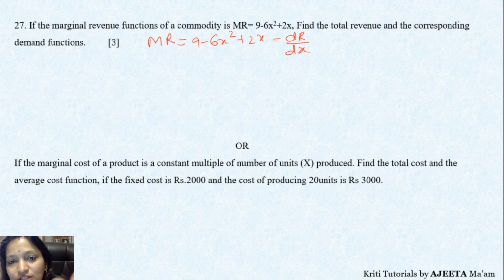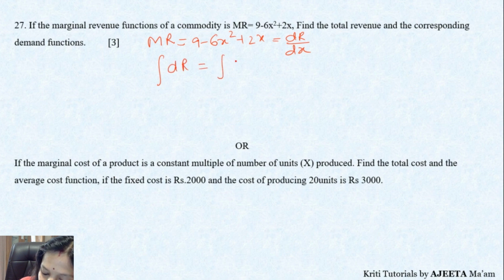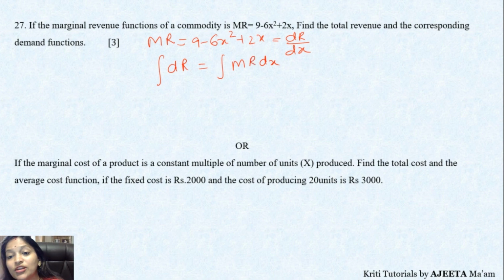So जब भी हमें डिफरेंशिएशन से फंक्शन पे जाना होता है, we integrate. So what do? We integrate dr and mr with respect to dx. So as you have done now in differential equations also, variable separable form we are taking simply, right? So dr is equal to integral of this. So dr का integral क्या हो जाएगा? R, which is your revenue function.